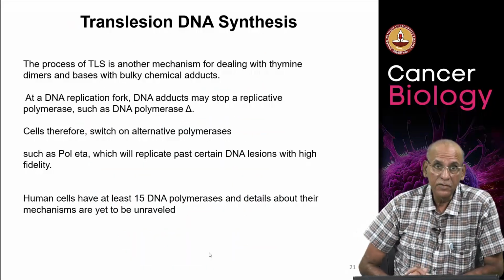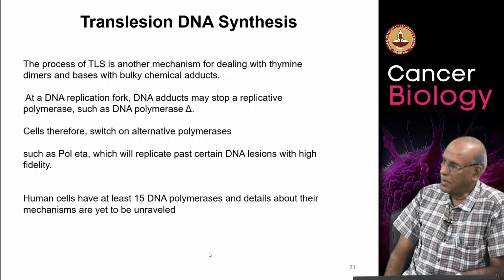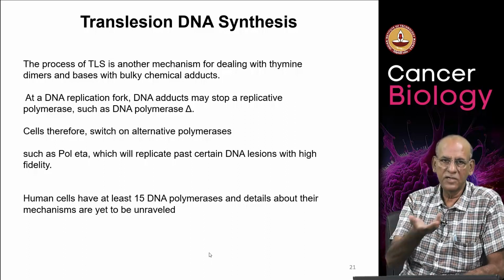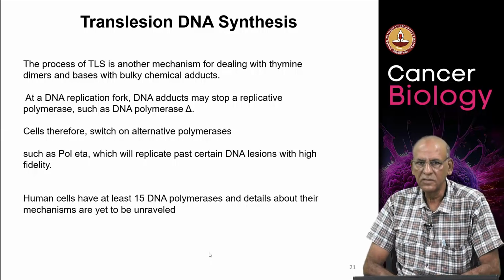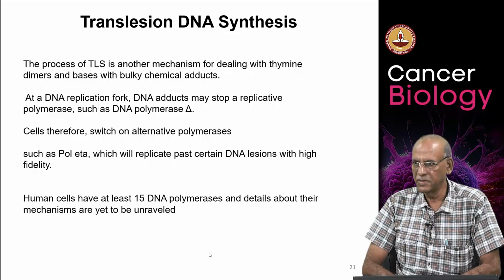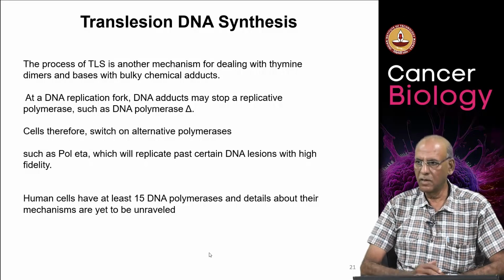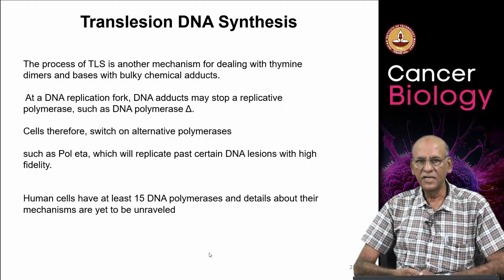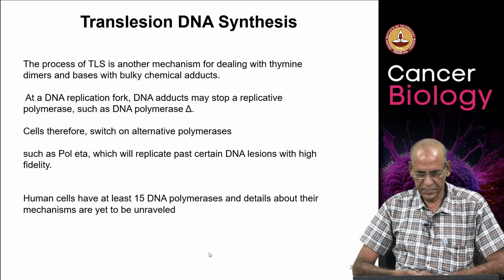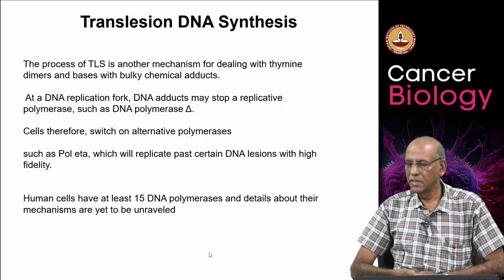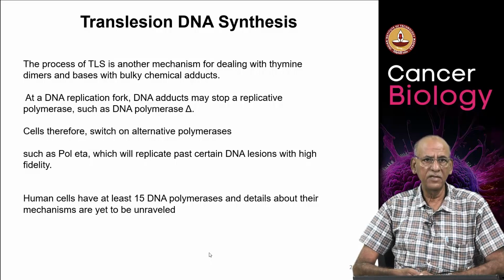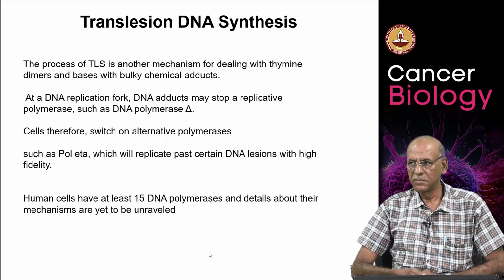Okay, we are coming to the last one. Of course, I just told you there are 6 pathways, there are more pathways, but these are the most important ones that you have to remember. There are always several pathways. This is called translesion DNA synthesis. It is another mechanism especially designed for dealing with thymine dimers.